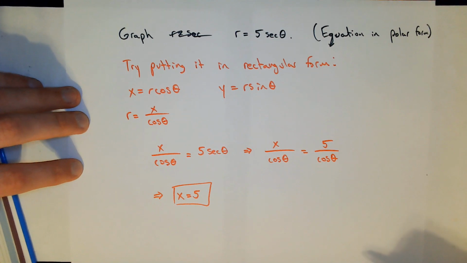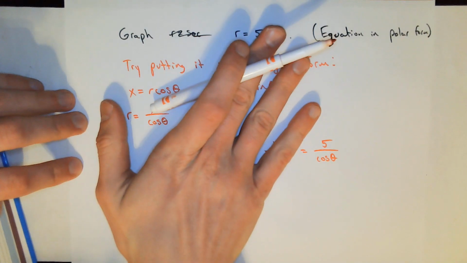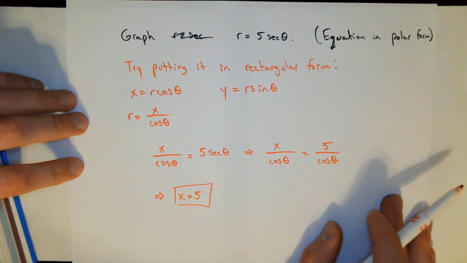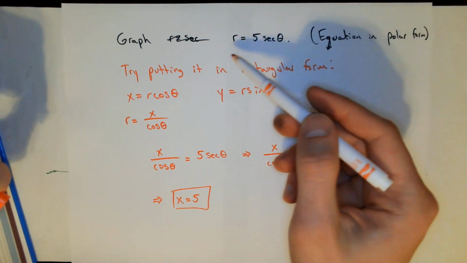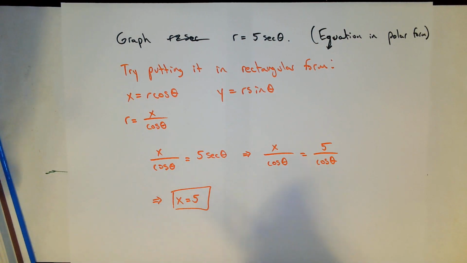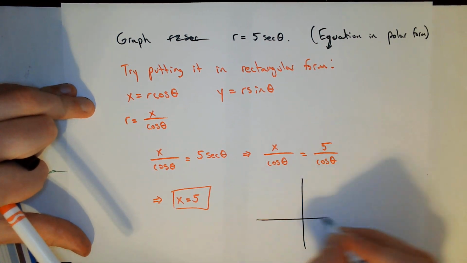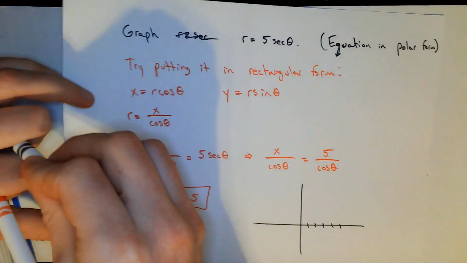You can graph that, right? Can you graph this? Well, if I didn't tell you all this stuff, you might go, no, I can't. I don't know how to graph that. But if I tell you that you can convert it to this form, you can surely graph that. That's just a vertical line at x equals 5 right here. I'll do it in red.